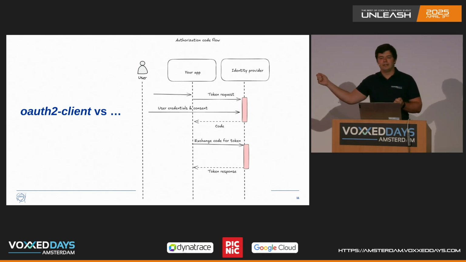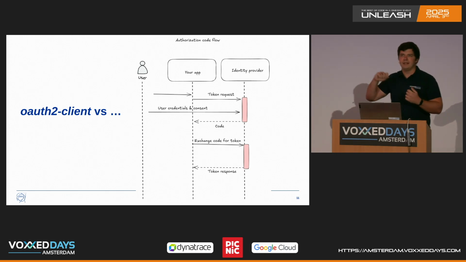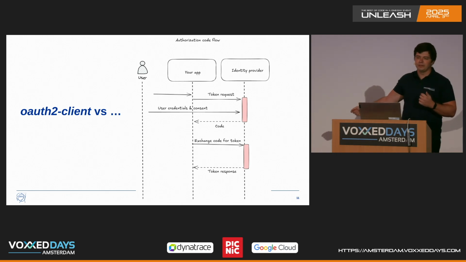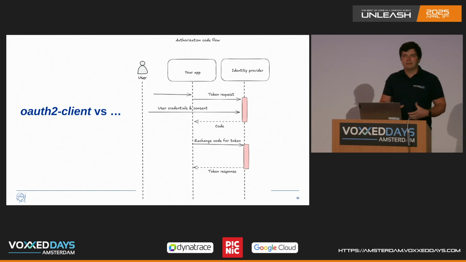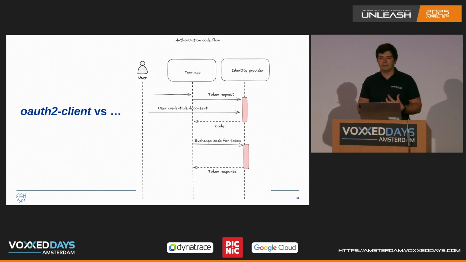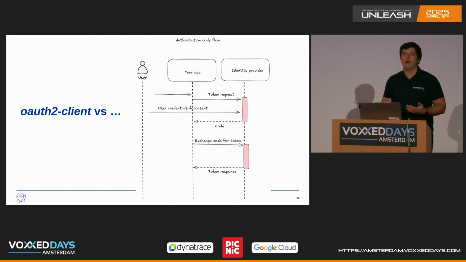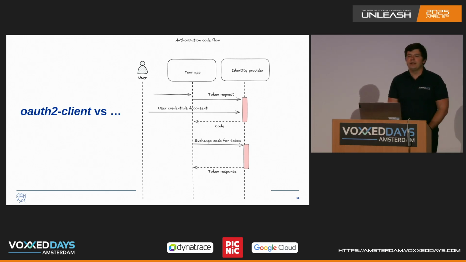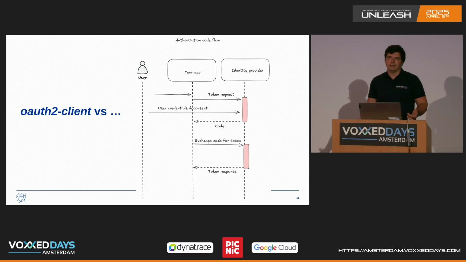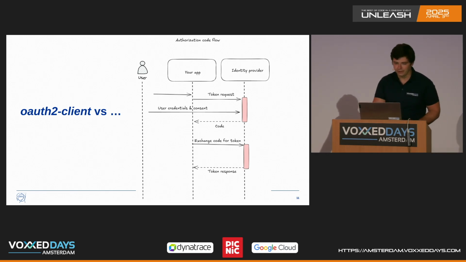The user gets sent to the identity provider. They send their credentials to the identity provider. You get the code back. With that code and with some credentials that you have on your side, you send it back to the identity provider confirming that everything is correct and you're actually the owner of this application. And you get back a token, a JWT token in this case. Hopefully.